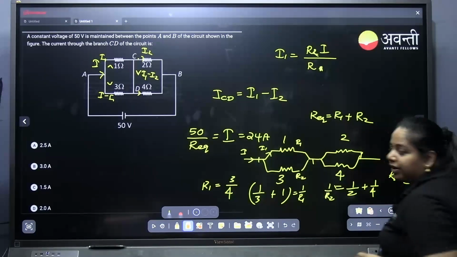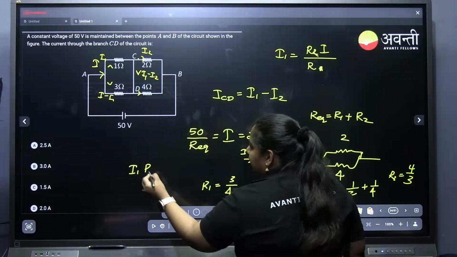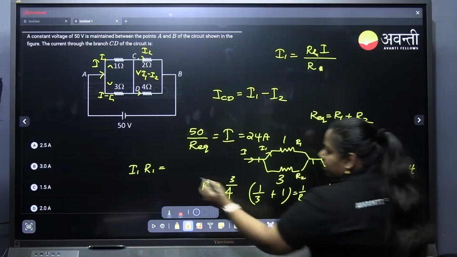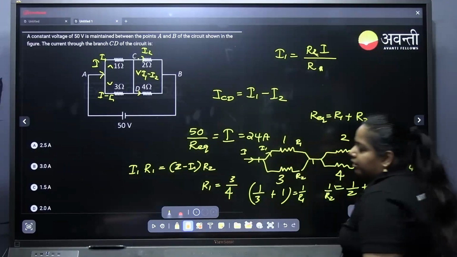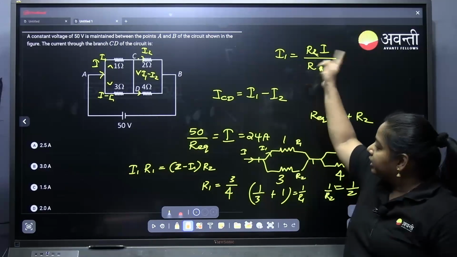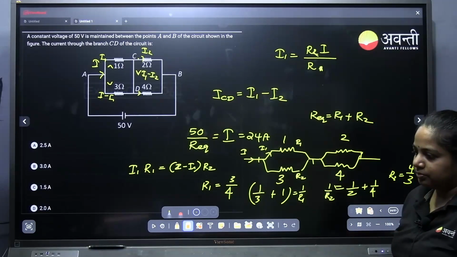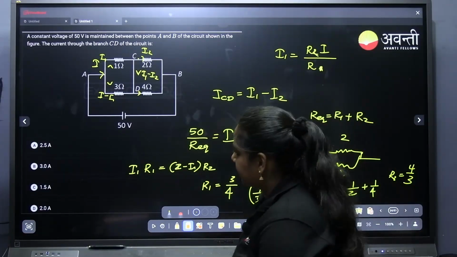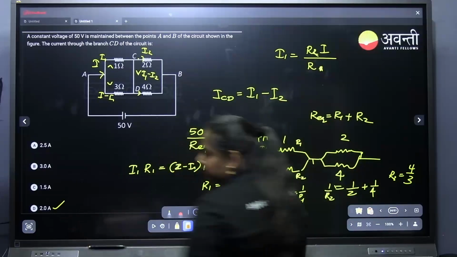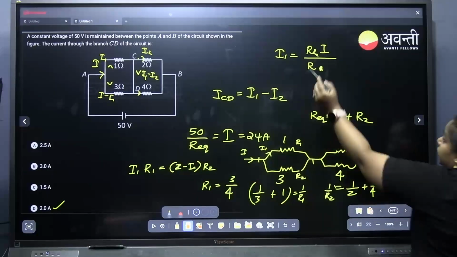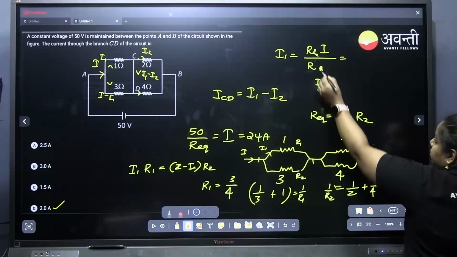These two ends have the same voltage difference, so I1 R1 equals I minus I1 into R2. By solving this we get this equation. Somebody already got the answer, 2 ampere. Yes, good. In this way you will get I1.